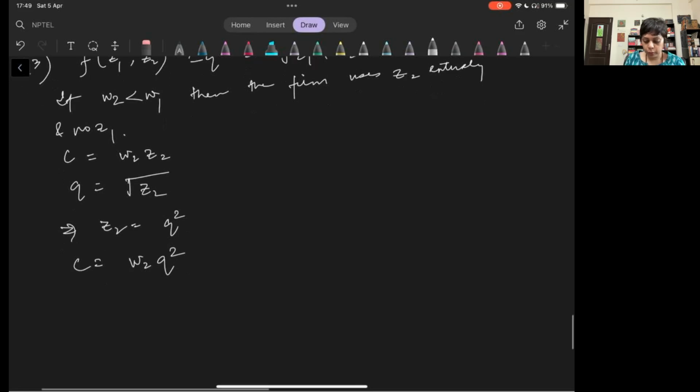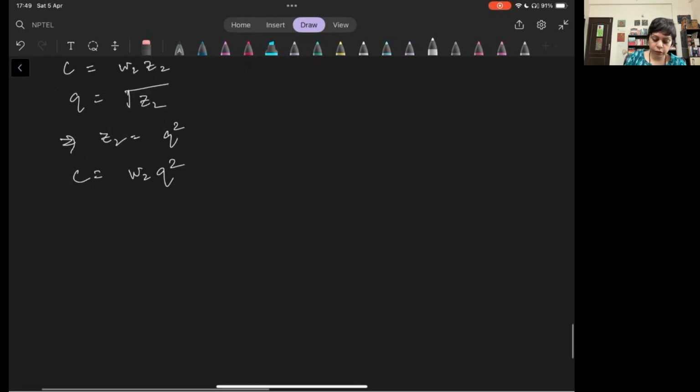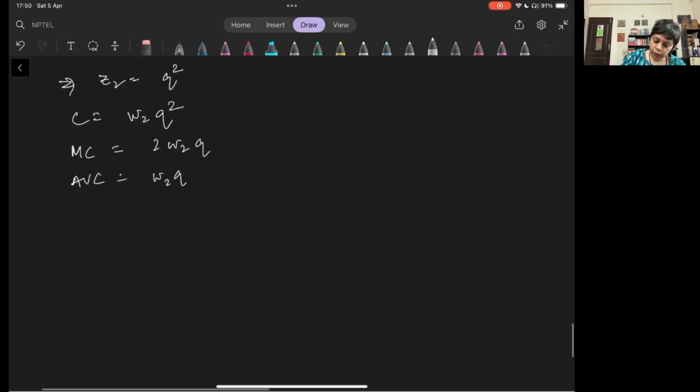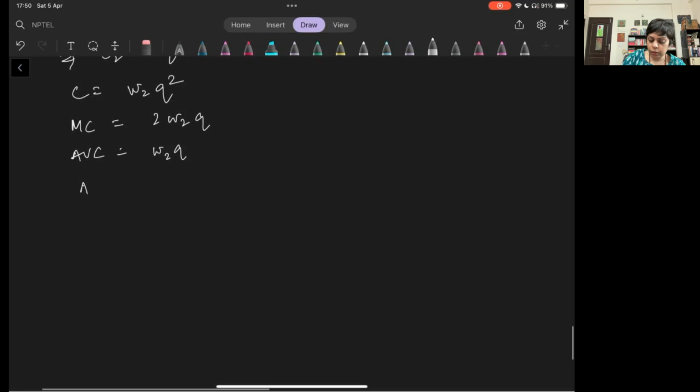Now you have the cost function, so let's get the marginal cost function. Marginal cost is 2 W2 Q, and the average variable cost function, if you want, you can also get that. That is W2 Q. So that means average variable cost is minimum at Q equal to 0.